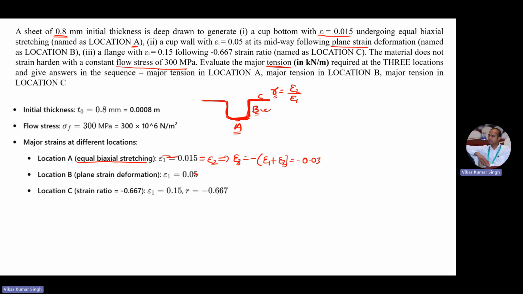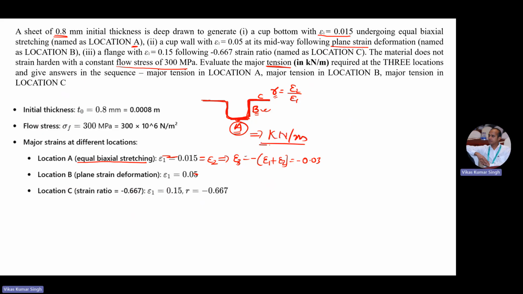Okay, required at 3 different locations, and give the answer in sequence: major tension in location A, major tension in location B, major tension in location C. So at all 3 locations we have to give the tension in terms of kilonewton per meter.